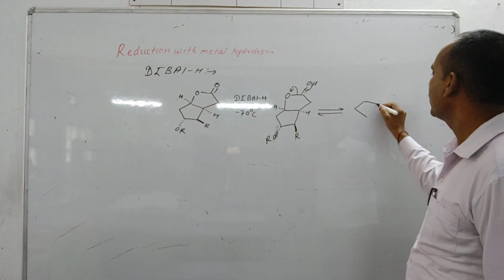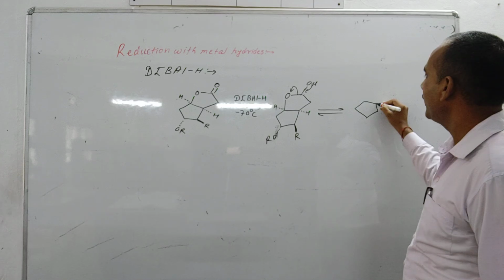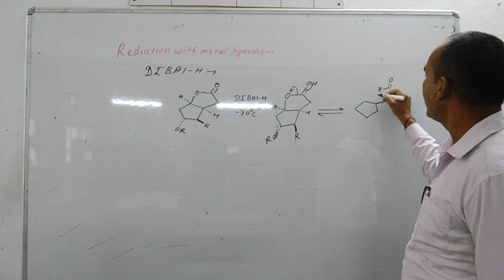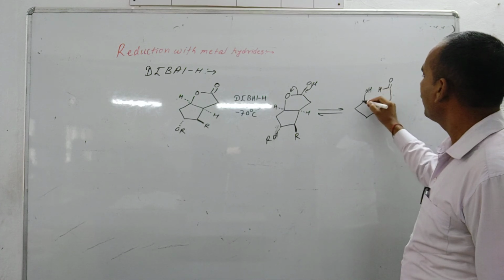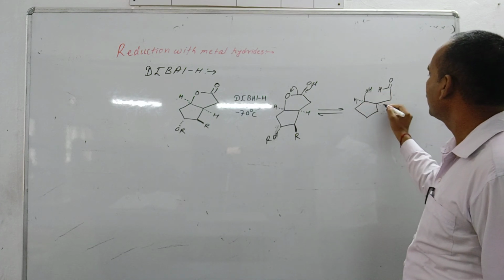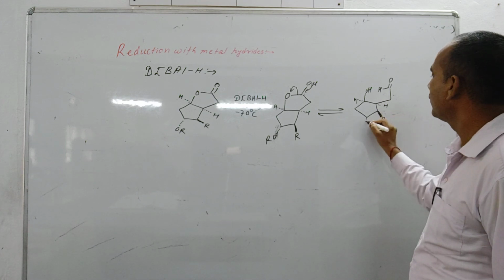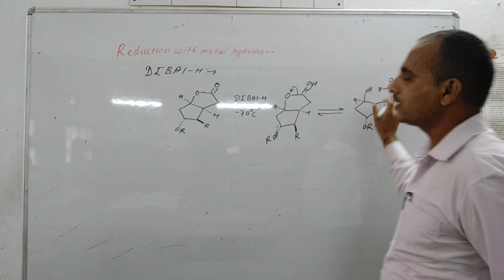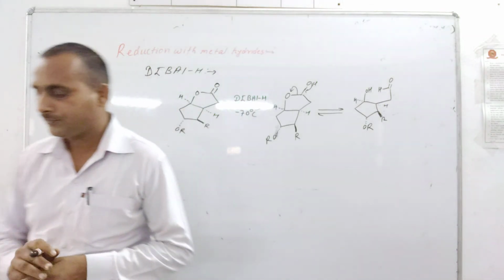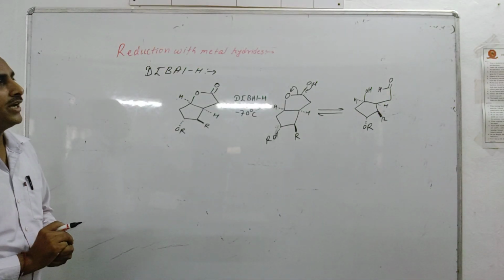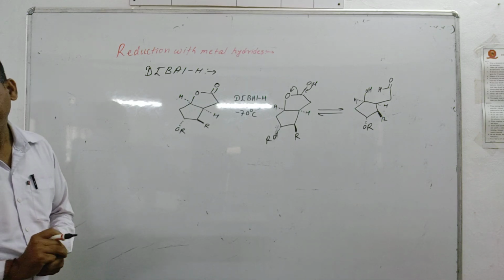So here is CH2, C double bond O, H, and here is OH, H, R, O, R. So this compound formation takes place, that is aldehyde and OH.